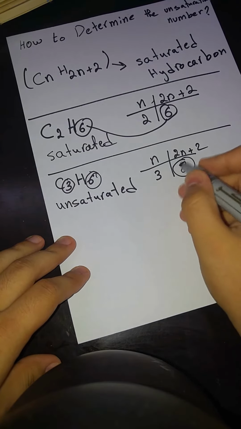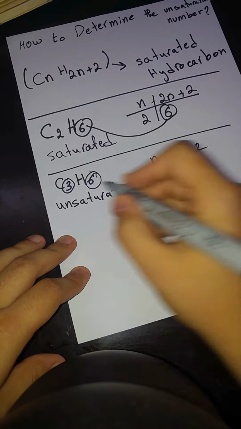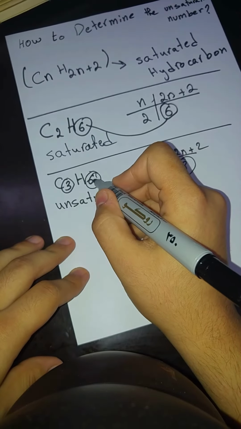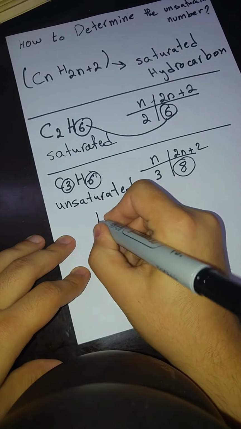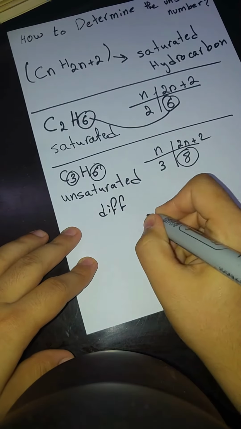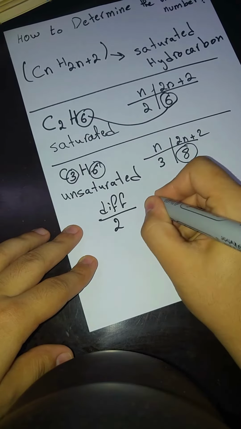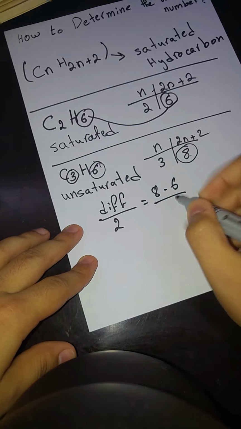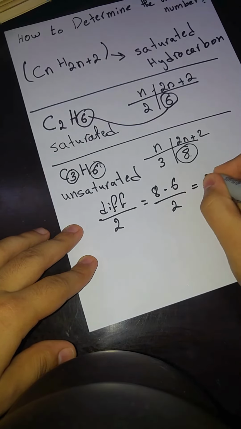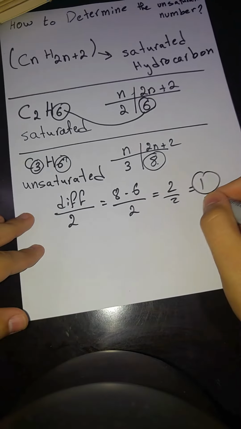We check the difference between this number right here, the 2n plus 2, which is 8, and the original number we have, which is 6. We divide the difference by 2. So the difference is 8 minus 6 over 2. It is 2 over 2, which is 1. So the number of unsaturation is 1.